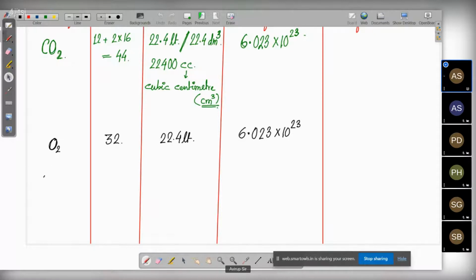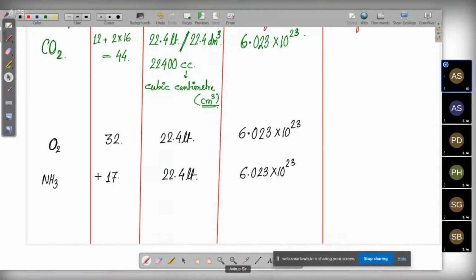If I take ammonia, NH3, that is also a gas. So what is the molecular weight of ammonia? It is 17. Now this also, one molecular weight of the substance has a volume of 22.4 liters, and equal volume has the same number of molecules, that is Avogadro number of molecules.